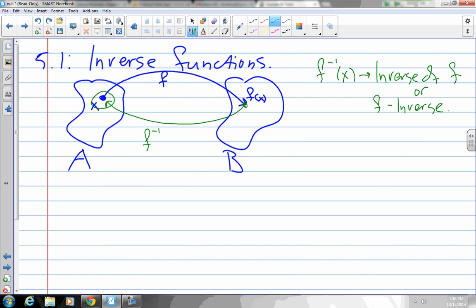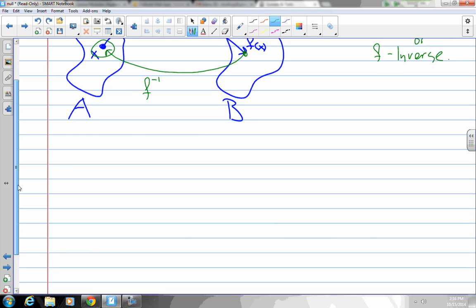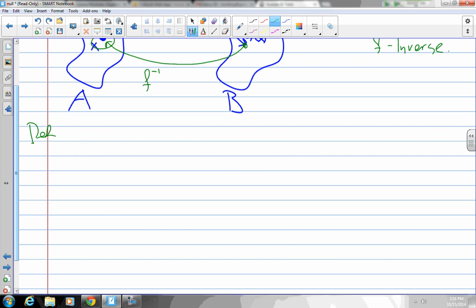Okay? So basically a definition: f and this thing, f inverse, are inverses of each other if and only if the following two conditions hold.